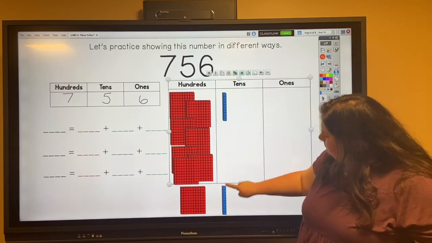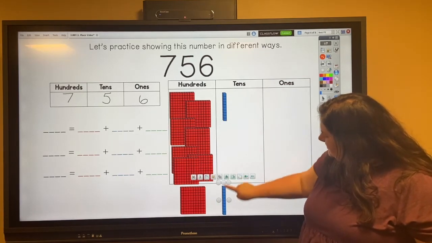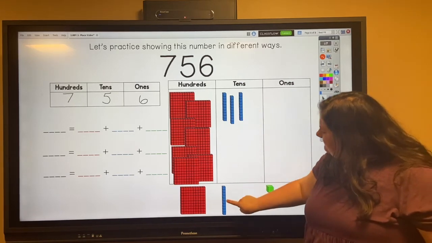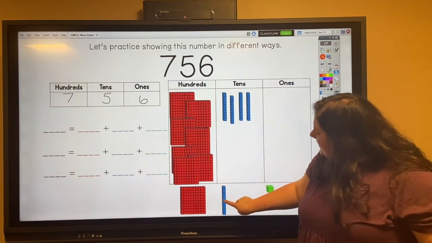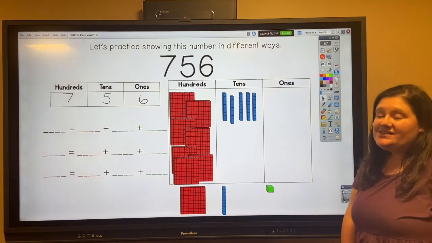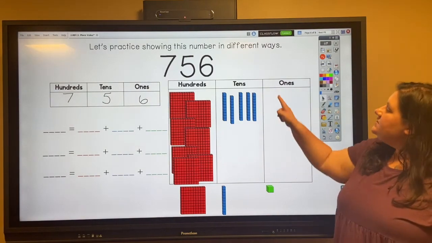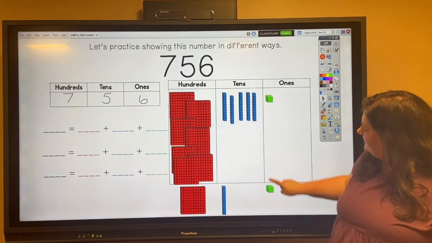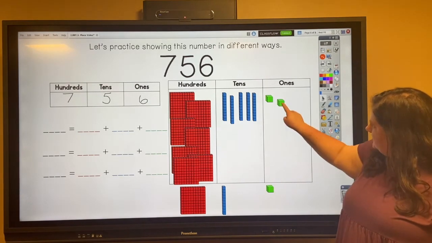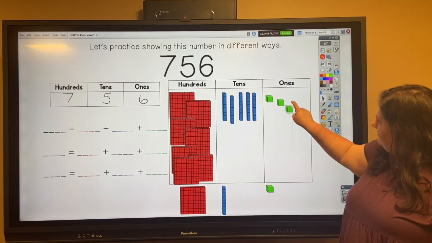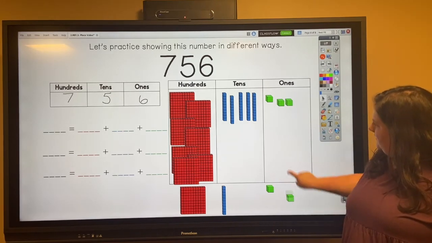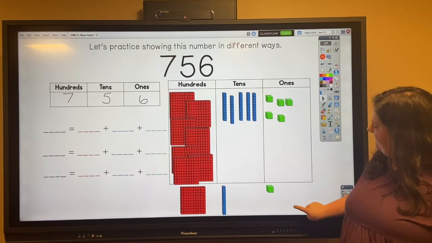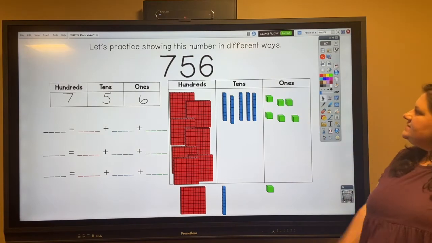1, 2, 3, 4, and 5. Finally, I have 6 ones, so I'm going to place 6 ones pieces or bits underneath the ones column. 1, 2, 3, 4, 5, and then 6.